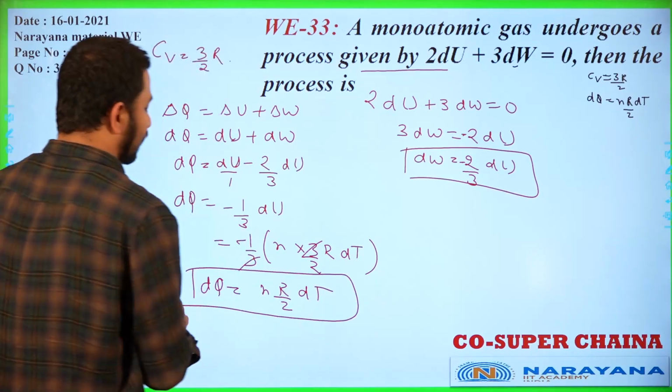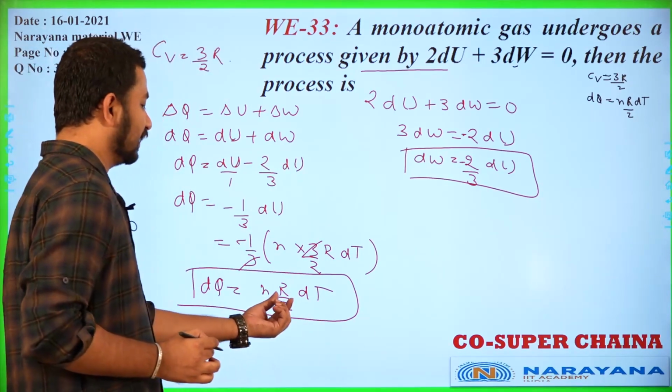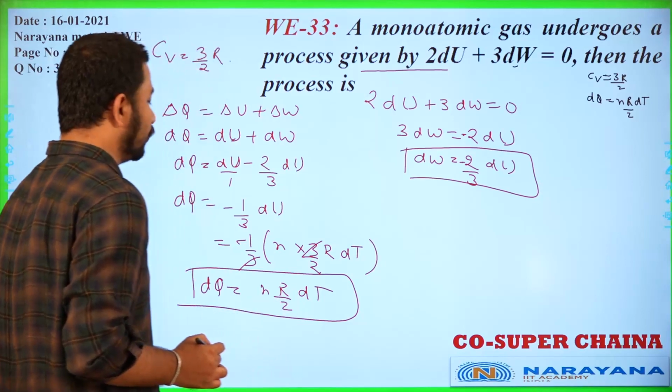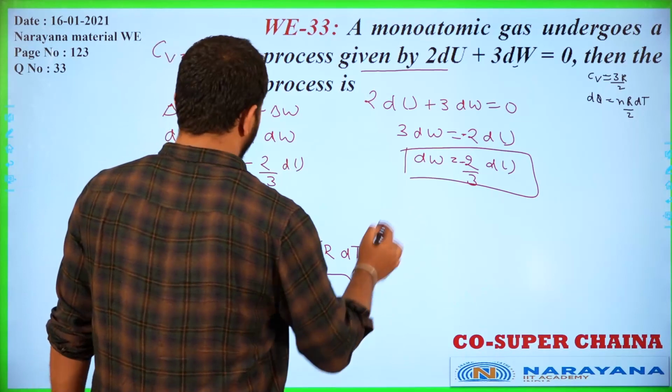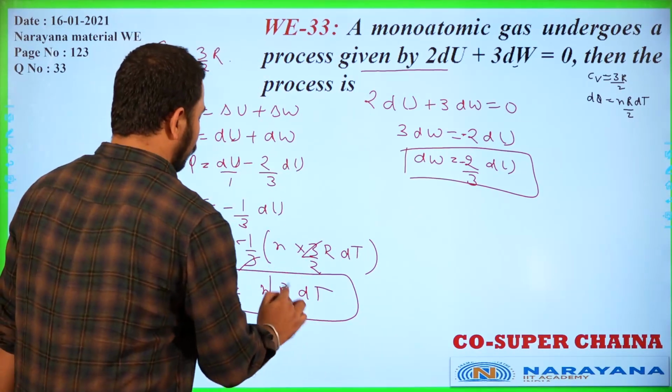So if we equate here, this is coming to be r by 2, student. So for which process is this r by 2?